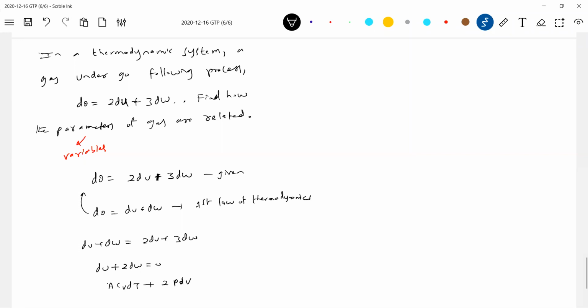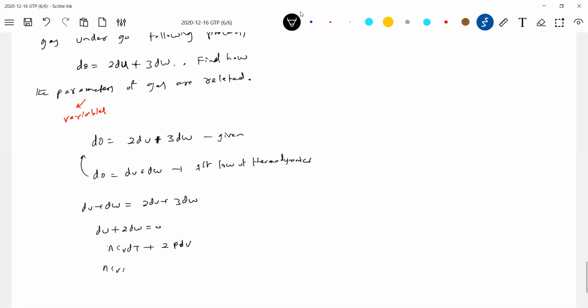Now let me use the ideal gas equation. nCv dT equals minus nRT over V. n gets cancelled, so dT by T equals minus R by Cv dV by V.